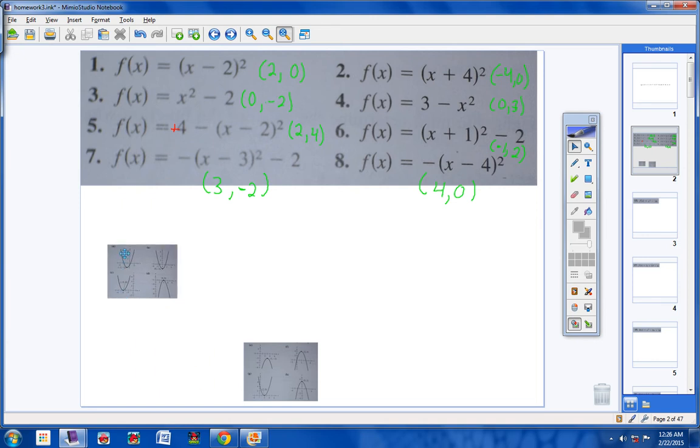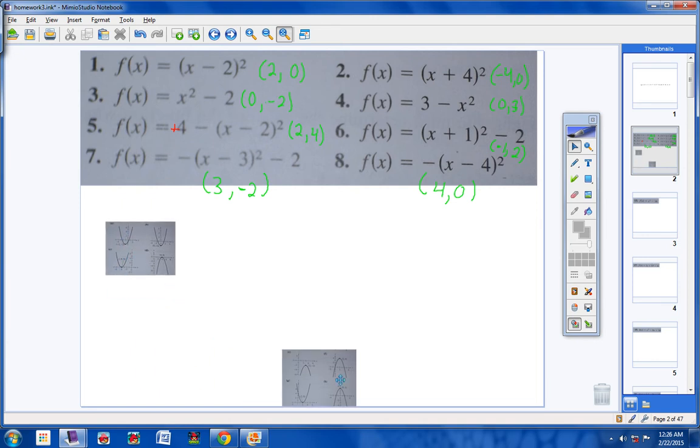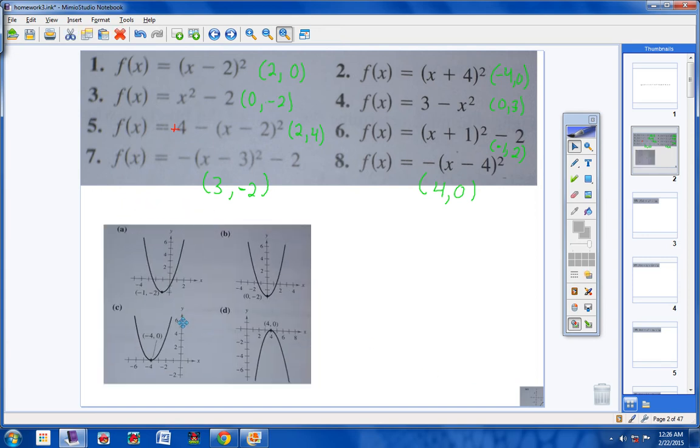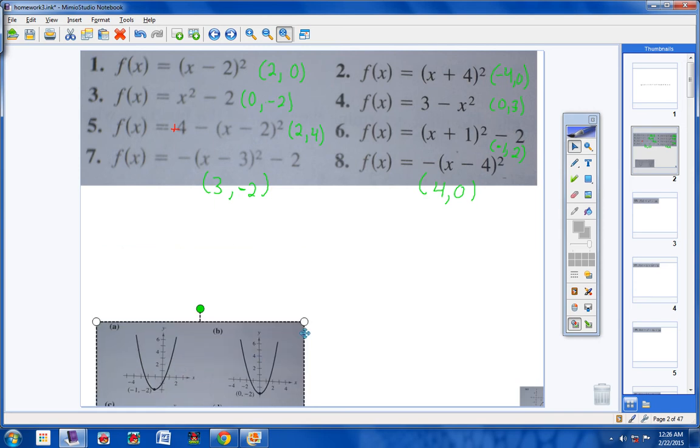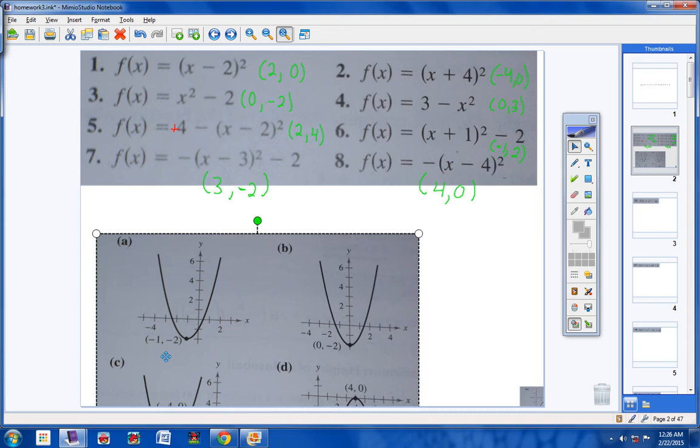So, here we go. Alright, let's take a look first of all at letter A. Alright, the vertex is negative 1, negative 2. Now I don't see any like that, so I'm wondering if maybe, yes, this should have a negative sign right here.